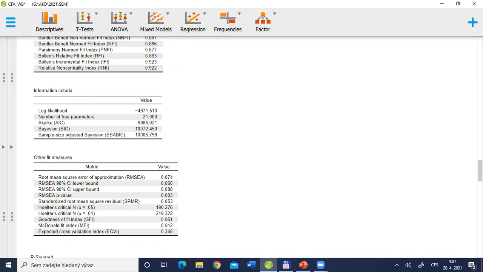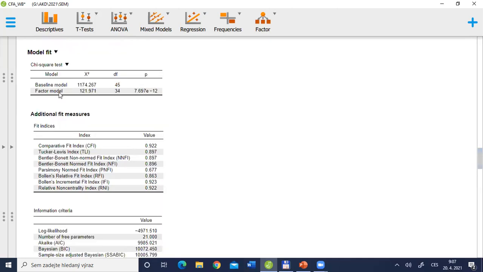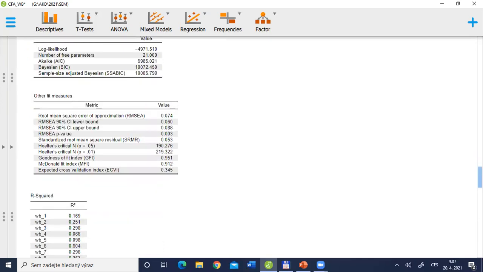So all these values are following or nearly following recommendations. So maybe this model is better than the previous one, and maybe this model is acceptable. Once again, please do not try to conclude the quality of the model based on this chi-square test. So don't use these p-values for your conclusion. So that's quite good to see.